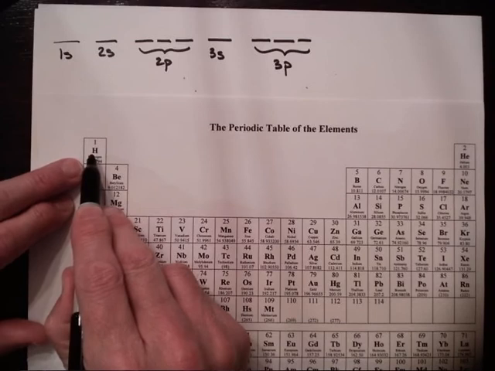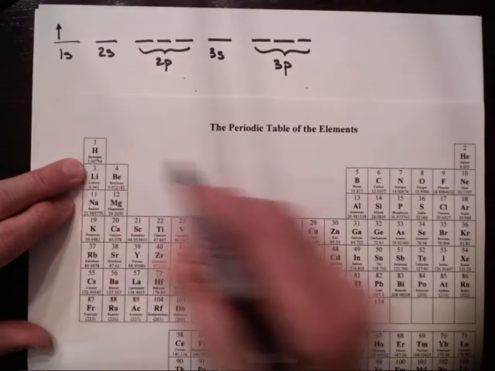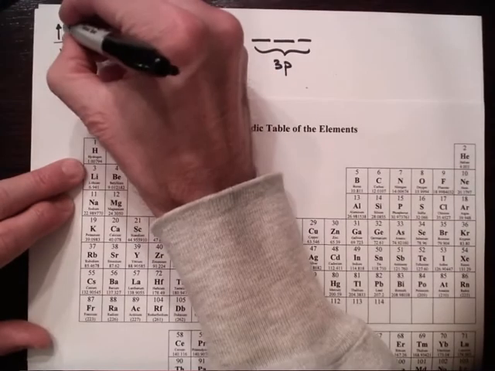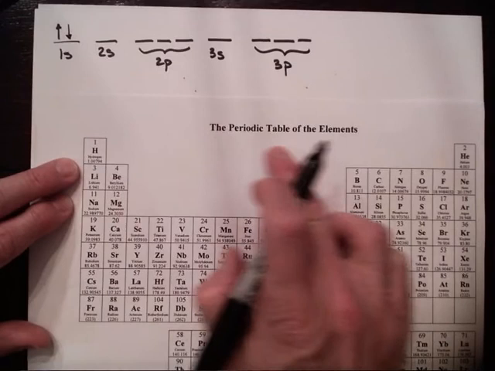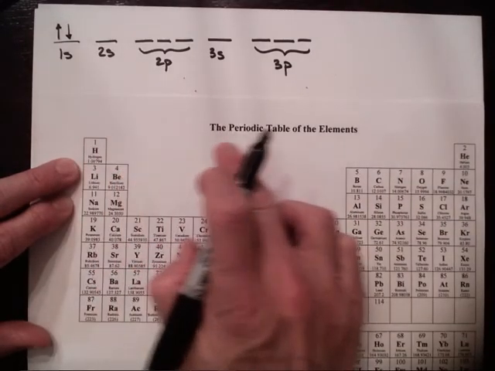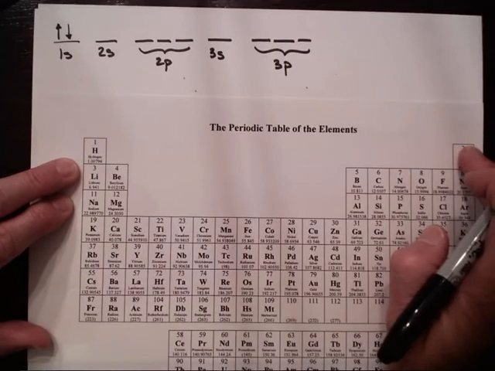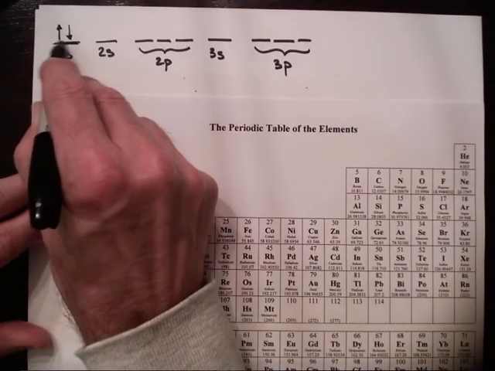So I'm going to start here with hydrogen, and I'd put 1 electron in for hydrogen, spin up, and I'm going to stick a 2nd electron here for helium, spin down. And notice I'm in the first period of the periodic table, and there's only 2 atoms in the first period of the periodic table. I've put 2 electrons into the 1s.